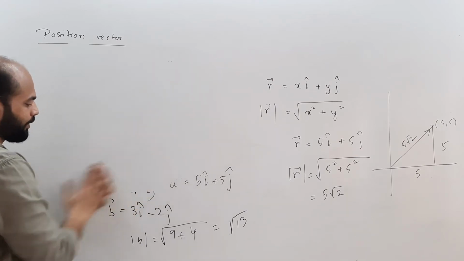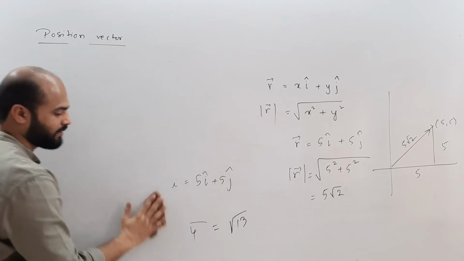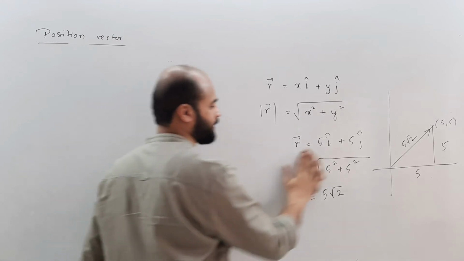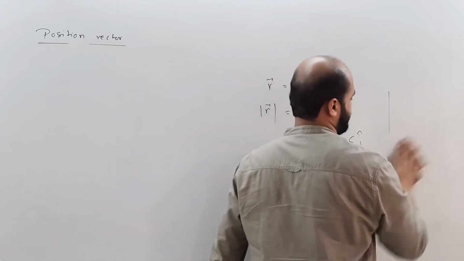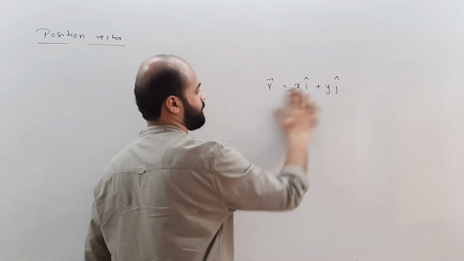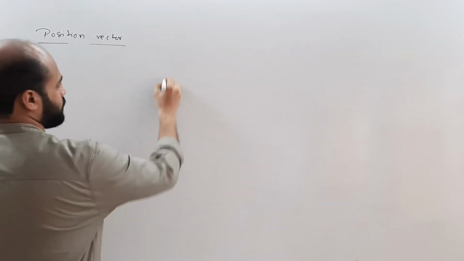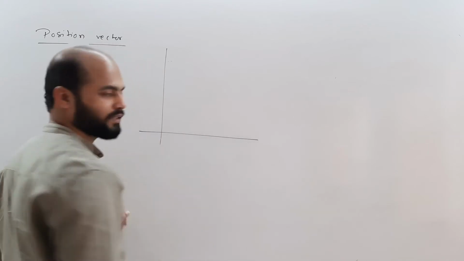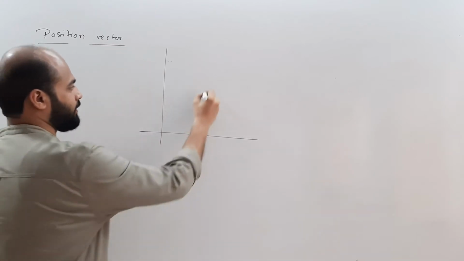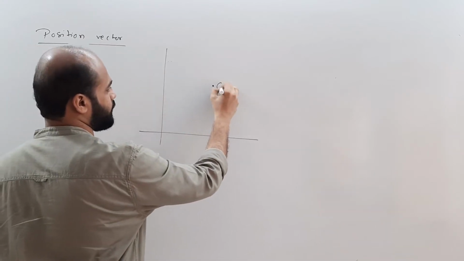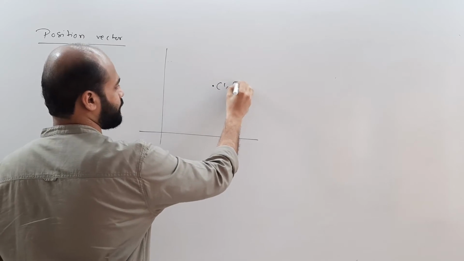Now let us go one step ahead and take some other examples and see how to find a magnitude and other details. Let's say this is the xy plane and this point is defined as 1 comma root 3.